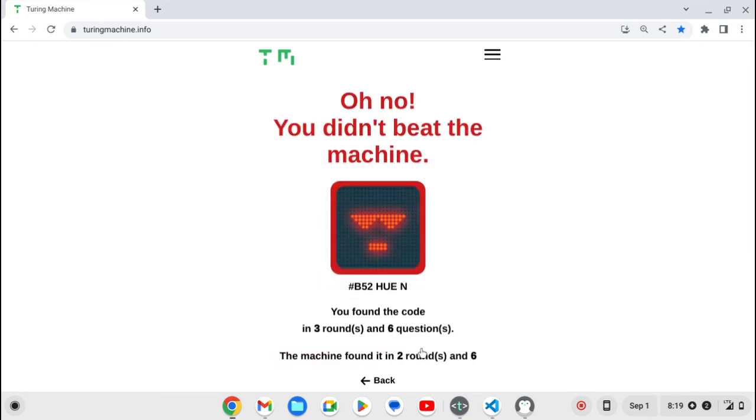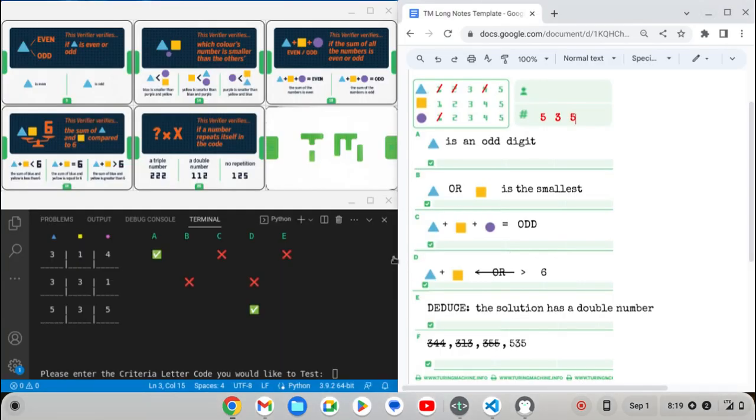Oh, wow. Oh, look at that. So we did tie the number of questions, but the Turing Machine did it in only 2 rounds. That's the tiebreaker. So even though we tied on the questions, it took me 3 rounds where the Turing Machine took 2 rounds. Okay, so did not get it done, this puzzle.